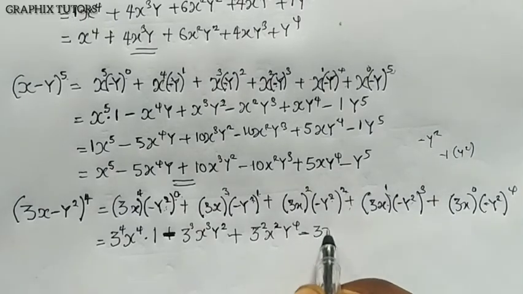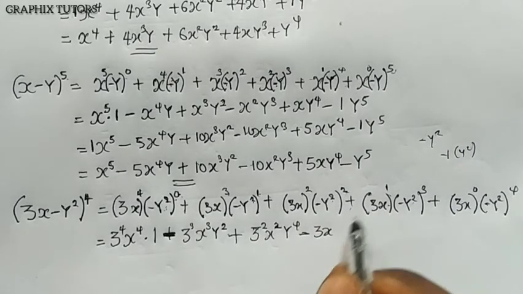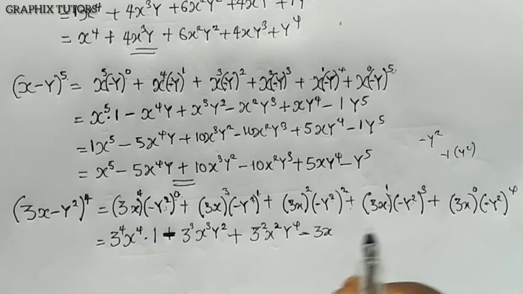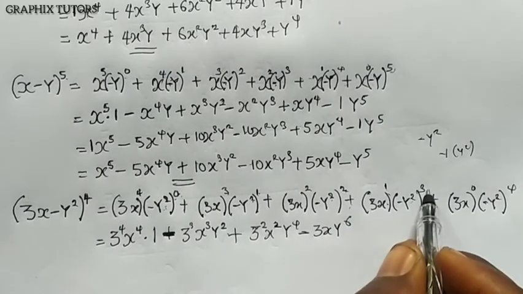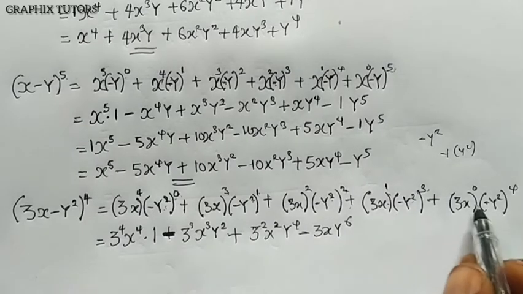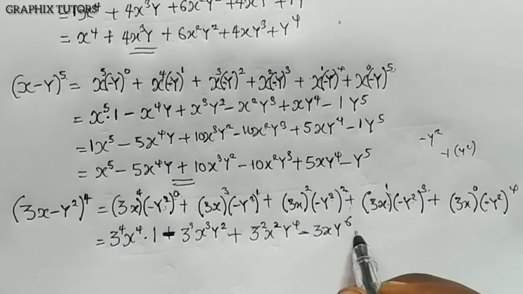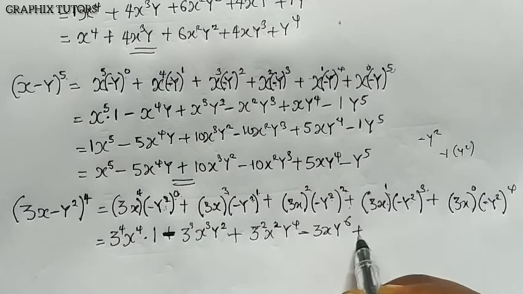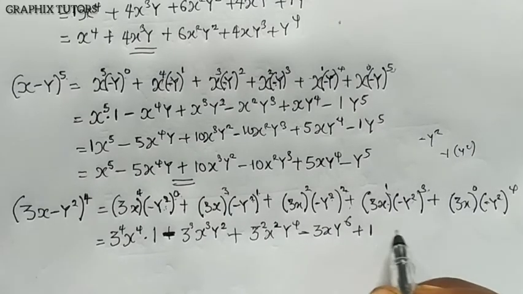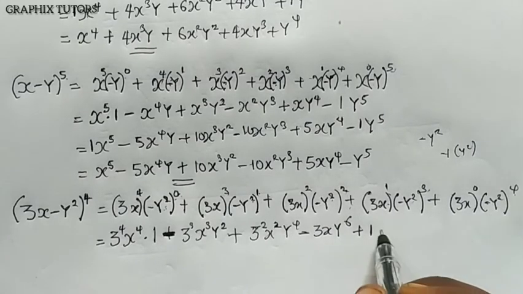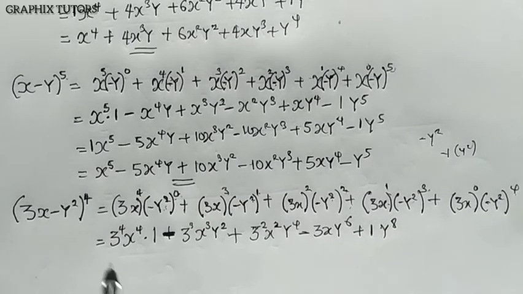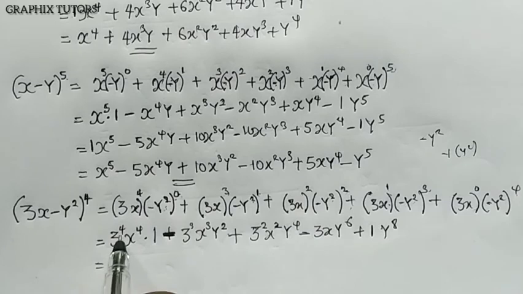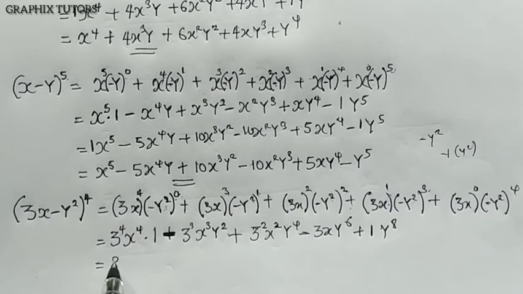So we're having 3x, because 3x raised to the power 1 will give you 3x, and we're having y^6 because 2 times 3 is 6. Now this other one too, everything here is 1 because it's raised to the power of 0, so we have plus 1. Then an even number, so we have y raised to the power 8. That's okay now.